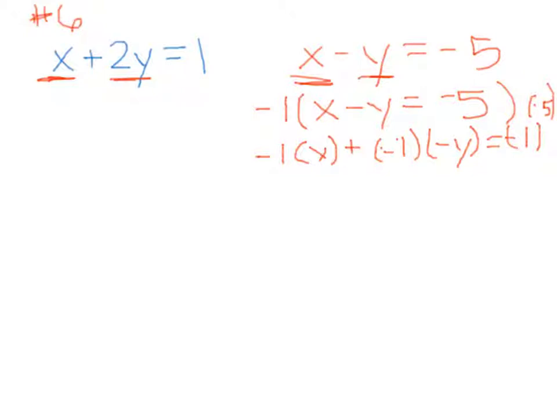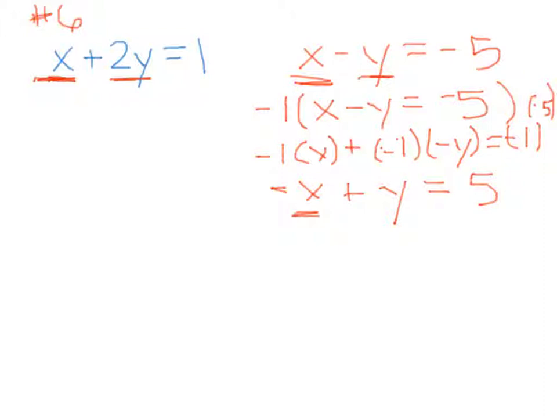So negative 1 times x gives me a negative x, plus negative 1 times negative y. I have a negative times a negative, so that becomes positive. So I have positive y. And negative 1 times negative 5 gives me a positive 5. And now I see that when I add these together, I have an x, and if I add negative x to it, it's going to go ahead and cancel out for me.